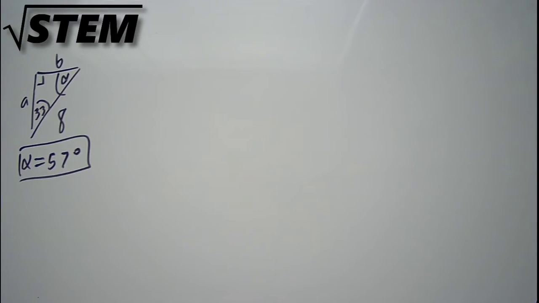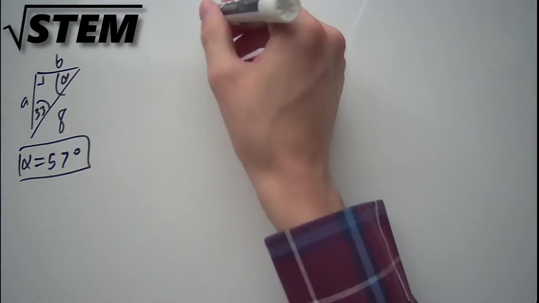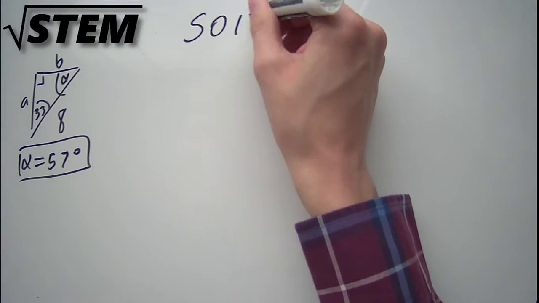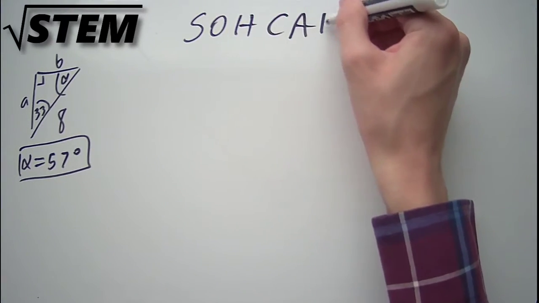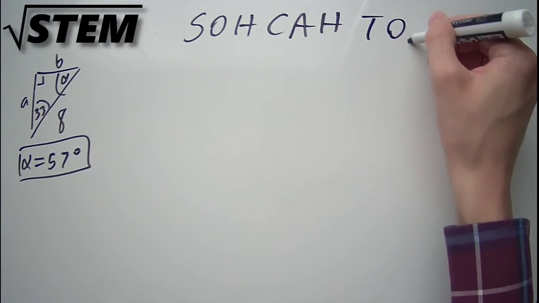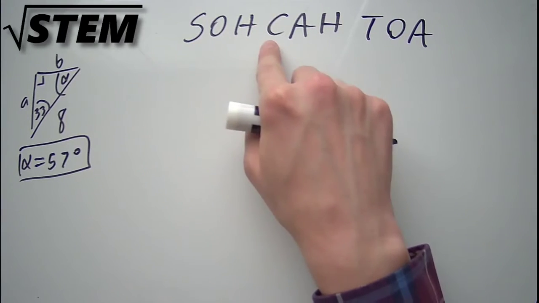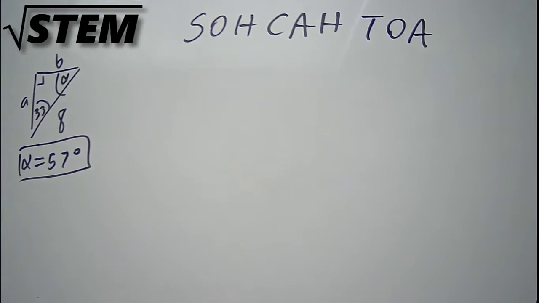Okay, now to solve for the two sides of our triangle, let's make use of our trig functions, sine, cosine, and tangent. To have an easy reference, let's go ahead and write our SOH CAH TOA up here for sine, cosine, and tangent. Now if we want to get side A using our hypotenuse and our angle of 33, A is on the side adjacent to our angle.